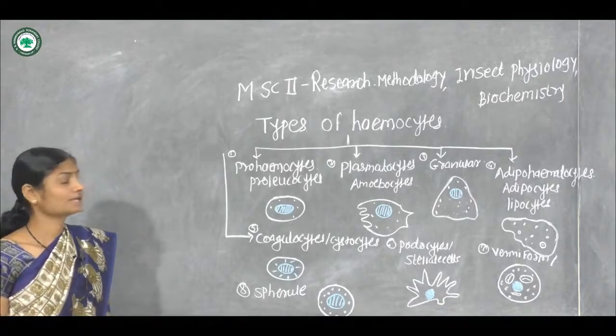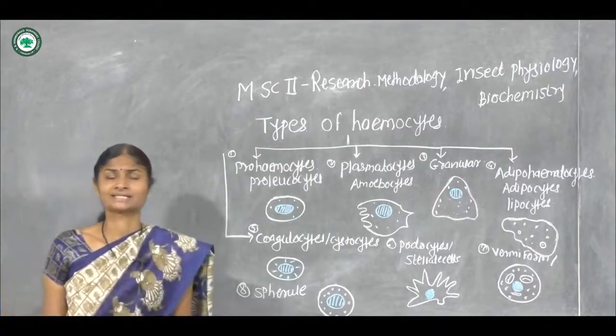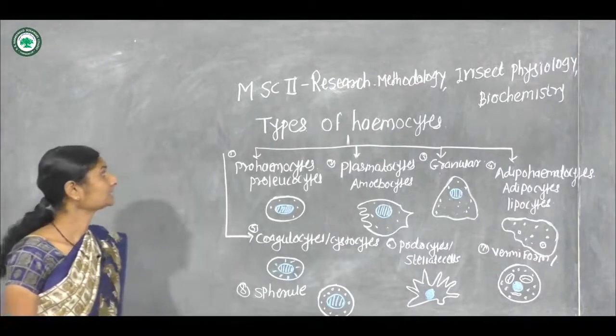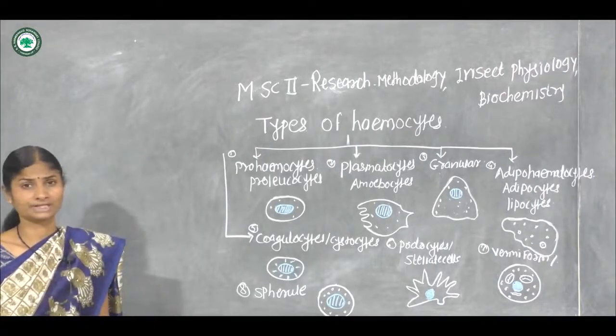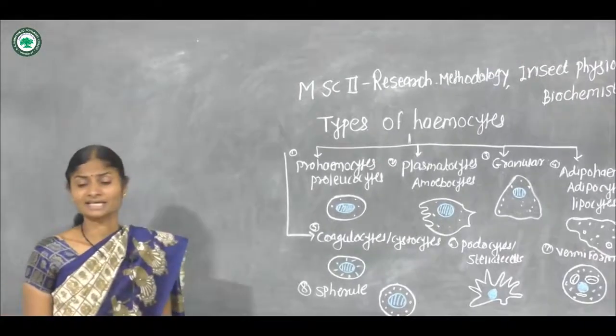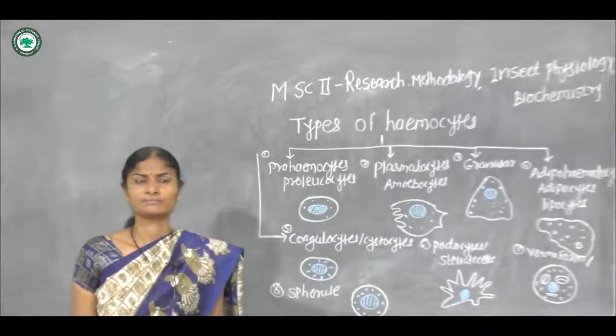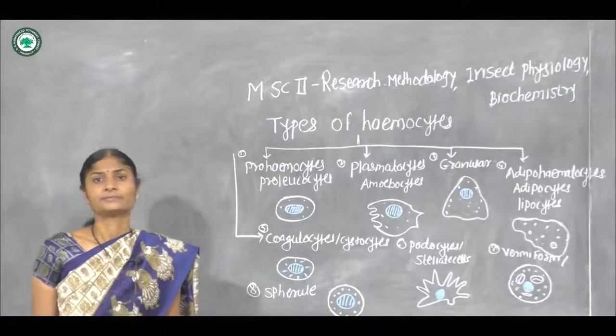Topic: circulatory system of insects, that is, components of the circulatory system. In insects, the circulatory system is of the open type.